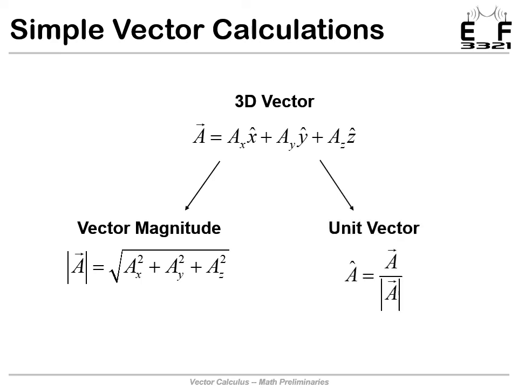Another thing, we might just be interested in the direction and not the magnitude, in which case we'll take a vector and divide by its magnitude, which we now know how to calculate. So we get another vector, but the magnitude of that vector is 1. And if it had any units before this, those units are now gone because vector A has those units and also its magnitude has those same units.